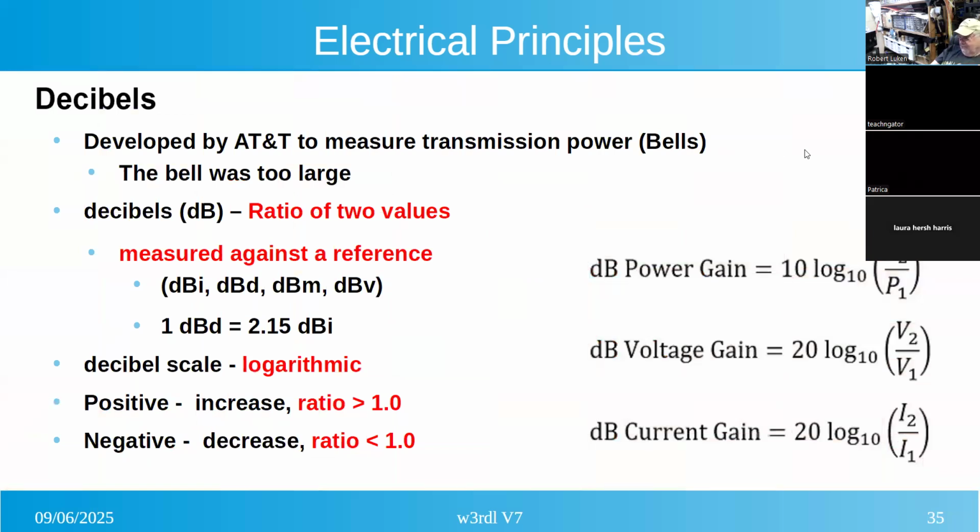Okay, now some fun. We'll talk about decibels. We use decibels a lot to represent ratios of things. It's another one of these shorthand things, like scientific notation. It was first developed by AT&T as a way to measure transmission line power on their long line telephone lines.